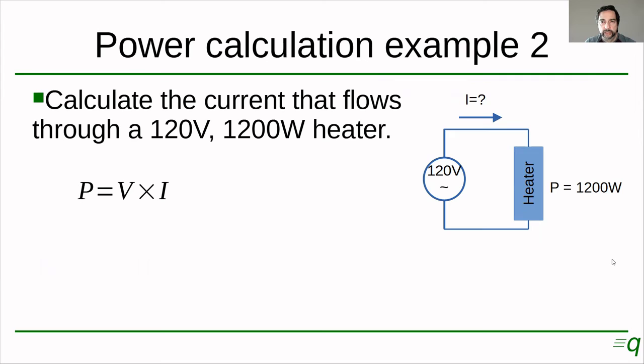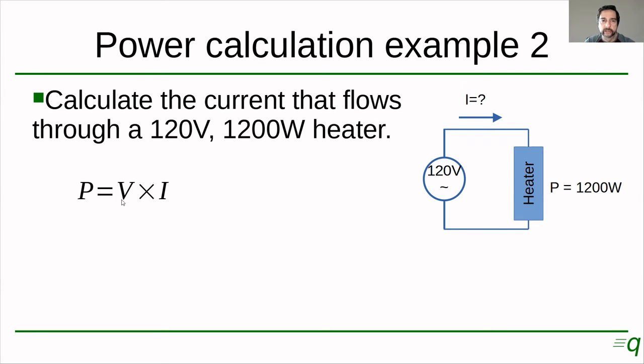Now, let's do the reverse problem, right? So we have a 120 volt power source. This may be an outlet. And this is connected to a 1200 watt heater, right? So you want to heat something, and the heater is rated 1200 watts. So you want to calculate how much current you're going to be taking from this power supply.